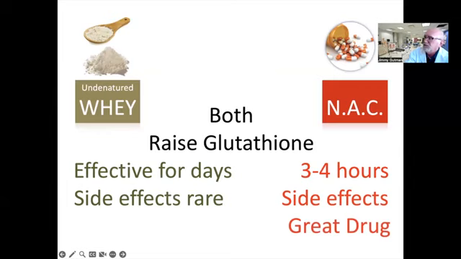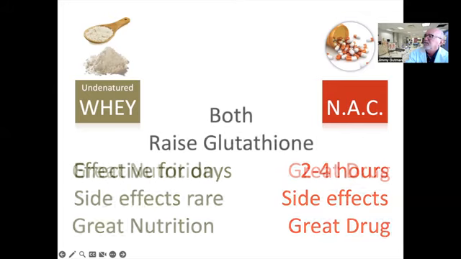NAC is a great and effective drug used worldwide. Immunocal not only raises glutathione, but here's a major point. Whey protein isolate is a superior source of nutrition. In fact, it has the highest biological value of any known edible protein.